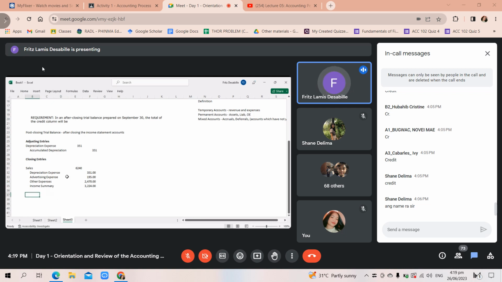Next is closing of the income summary to equity.